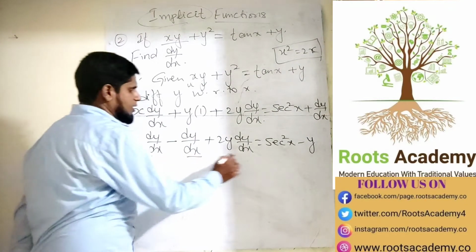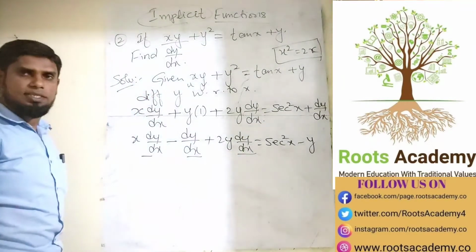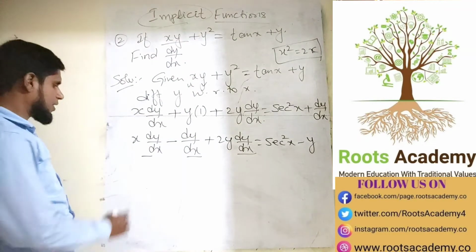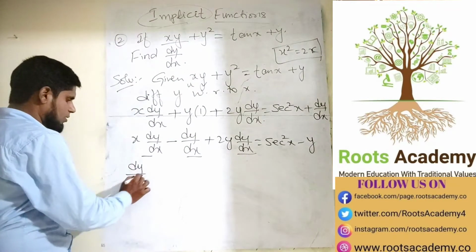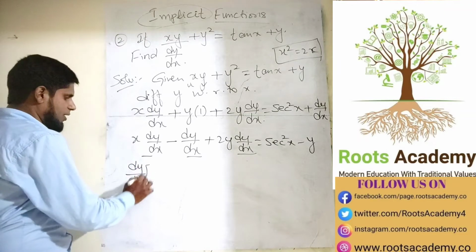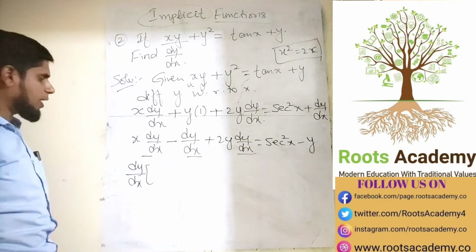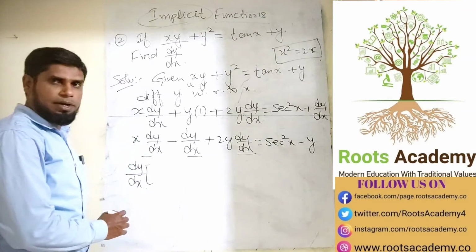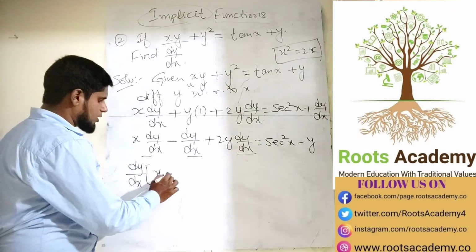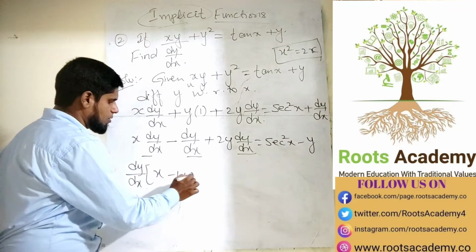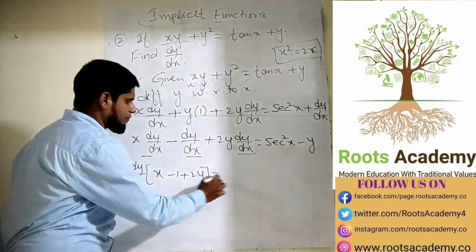So in these three terms, dy by dx exists, so easily I can take it common. Dy by dx, if I move outside the bracket, then the left out part is x minus 1 plus 2y.